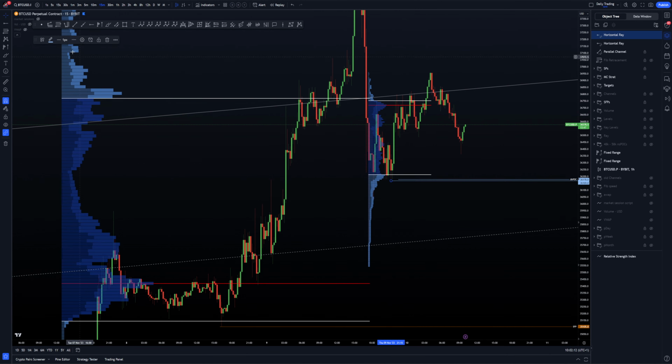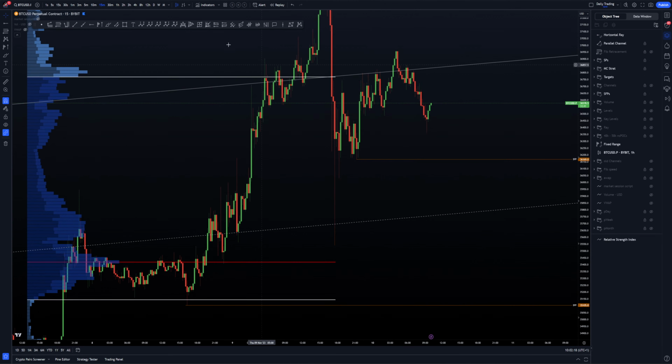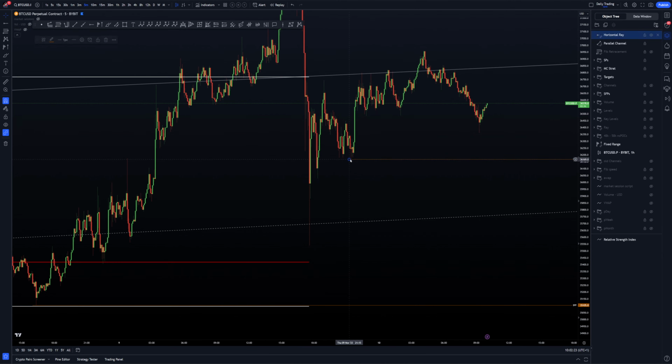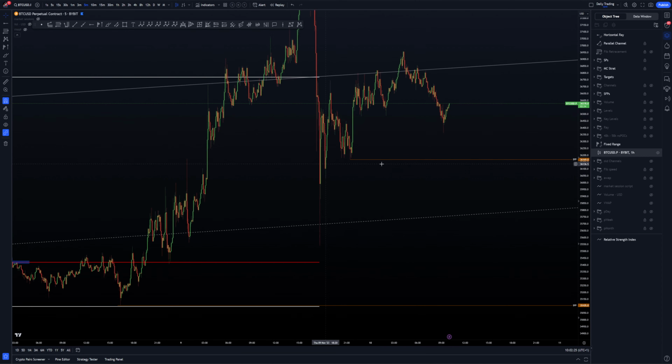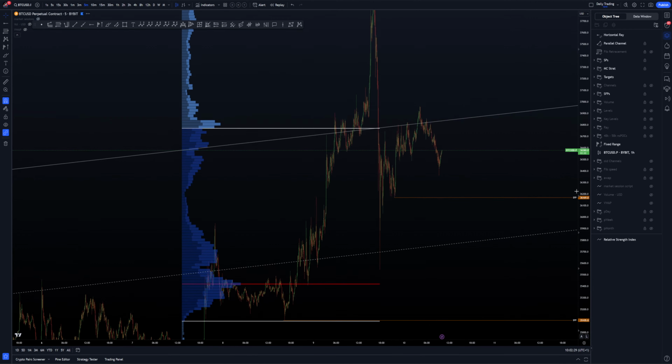That'll be cool to swing through that low, not gonna lie, for a long, as we have a few confluences with this. This low, or even the low one here, but this will be the first one really where I will be looking for a long. I already added that, by the way.